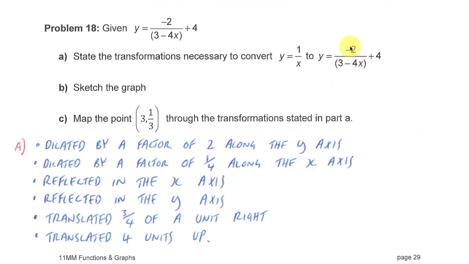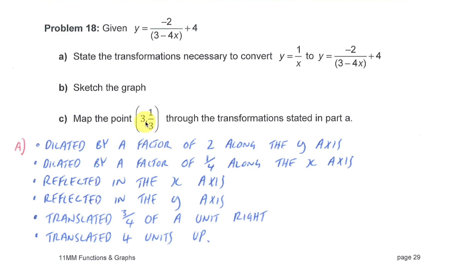We've been reflected in the x-axis, and we've also been reflected in the y-axis. We've gone 4 units up and 3/4 of a unit to the right. So 3 minus 4x, make it equal to 0, we get positive 3/4, so that indicates we're moving to the right 3/4.